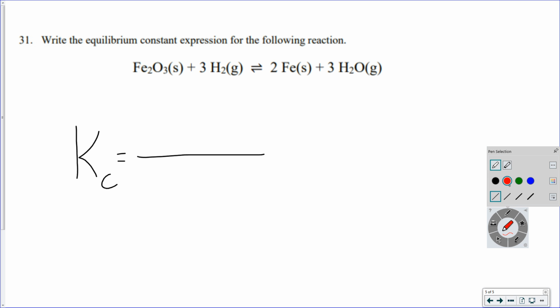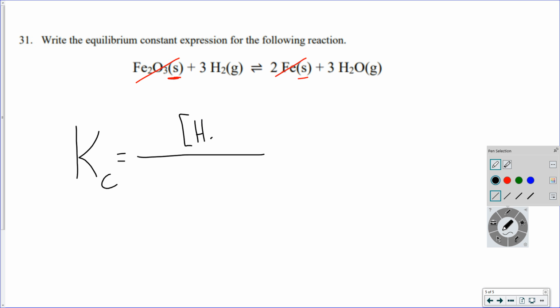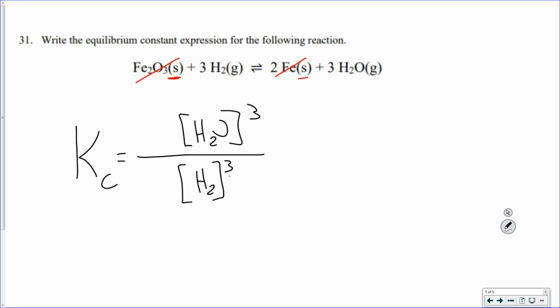Okay? There's something you have to pay attention to in this one. What is it? The solids. The solids don't appear in the expression. Products, reactants. Okay.